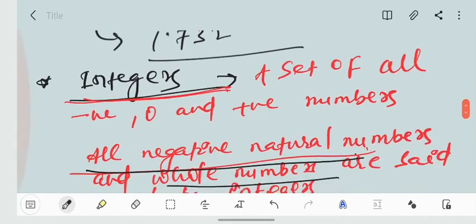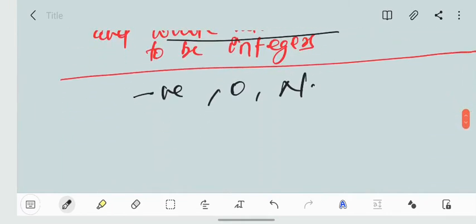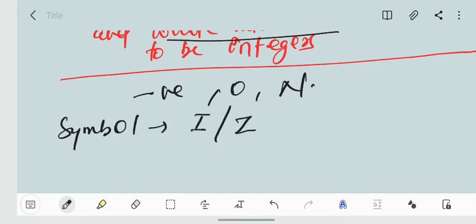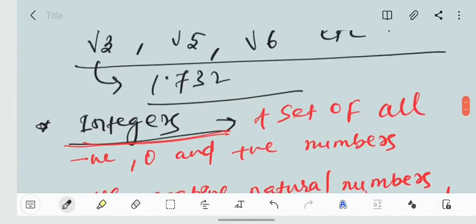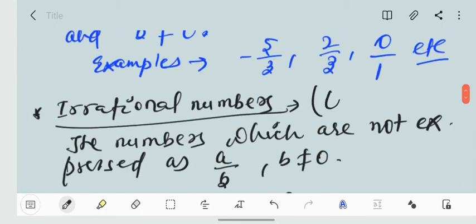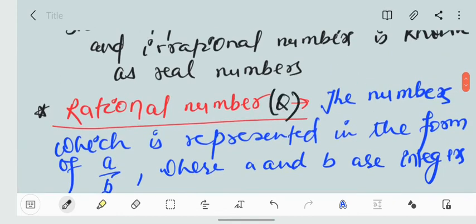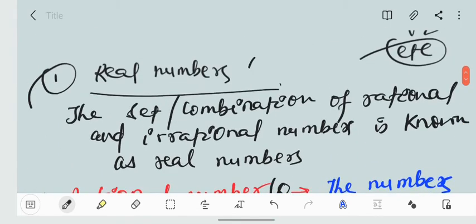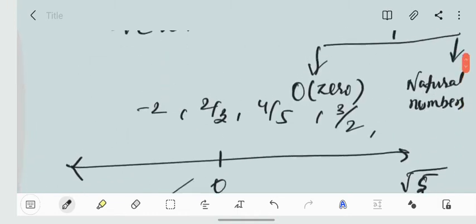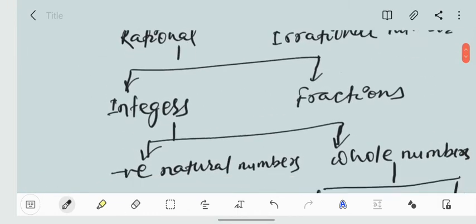So integers are represented by the symbol, either you can represent it by I or by Z. Similarly, irrational numbers by Q bar, rationals by Q, real numbers by capital R. So we have got the symbols for each and everything, okay?